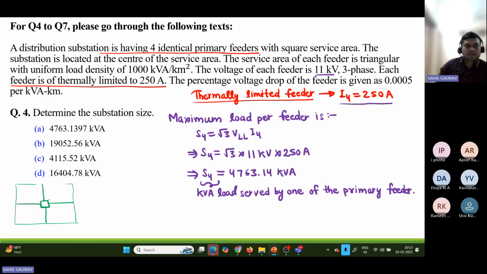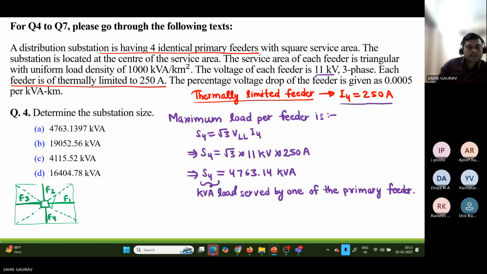There are 4 primary feeders, and each primary feeder has a triangular-shaped service area, right? So this one is feeder 1, suppose this is feeder 2, this is feeder 3, and this is feeder 4.